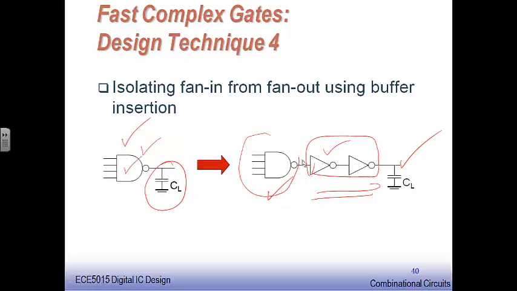This itself is already a 4 input NAND gate, so its internal capacitance also would be more. And in addition, if I give a high load capacitance, naturally I am going to have the gate suffering from high fan in and also high fan out. Therefore, it is better you go for removing the high fan in gates from the high fan out load.